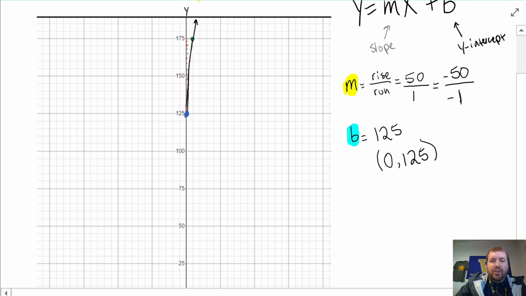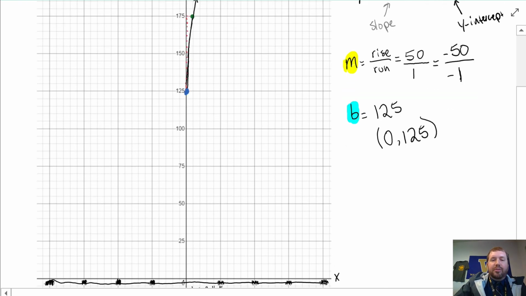So we can go in the opposite direction, starting from the blue point at our y-intercept of 125. We can now use our slope to move in the negative direction.